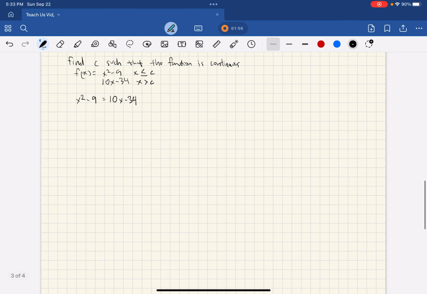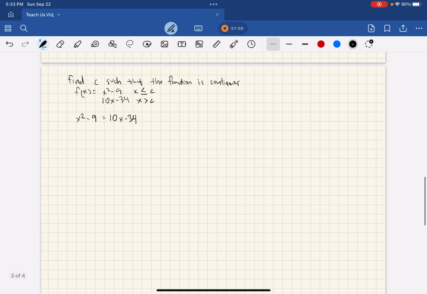So this is where we start, and we solve for x. That gives us x squared minus 10x plus 25 equals 0. Factor it: x minus 5 squared equals 0, and then x is equal to 5.